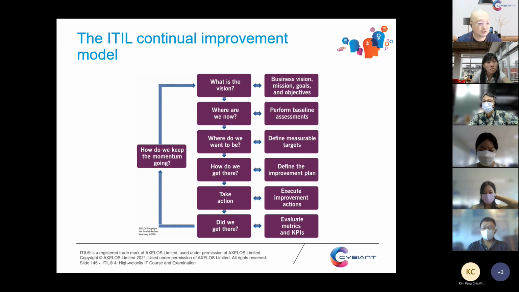Then we ask, what is the vision? Where are we now? Where do we want to be? How do we want to get there? What are the actions we need to take? We check if we get there, and then we go back again for one more loop.